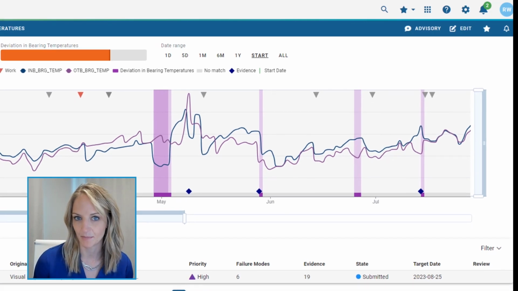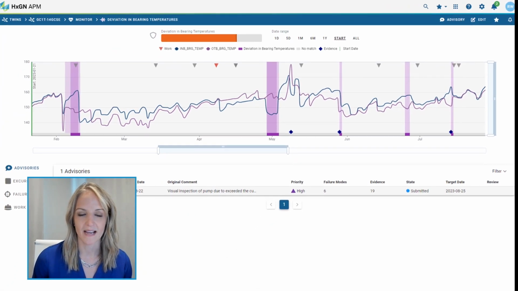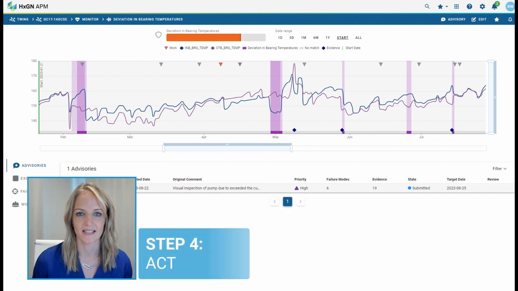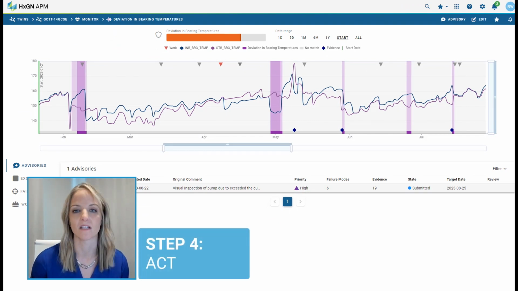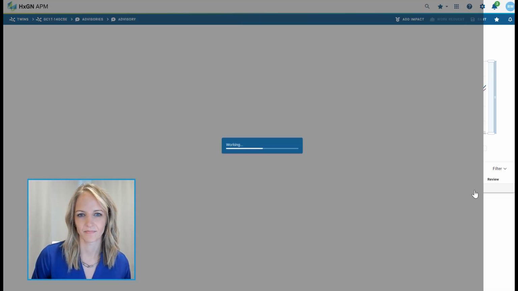It's also listed below. So now we're entering into that fourth step in the work process, which is act. Again, you're acting by exception and through these automatically generated advisories. So they help you with that recourse of action. So let's take a look at what this advisory is telling us.